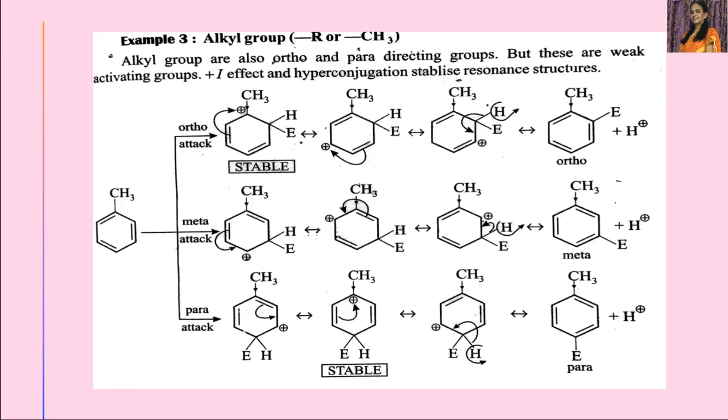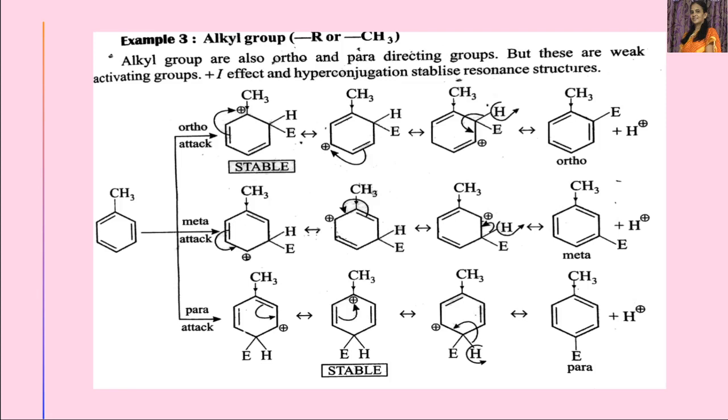Okay, now here, first one, ortho attack at this carbon with the help of this pair of electrons, that is pi bond electrons. A sigma bond is formed between the electrophile and this particular carbon, that is the ortho carbon. Then this carbon gets the positive charge. The orientation of the pi bonds is different.